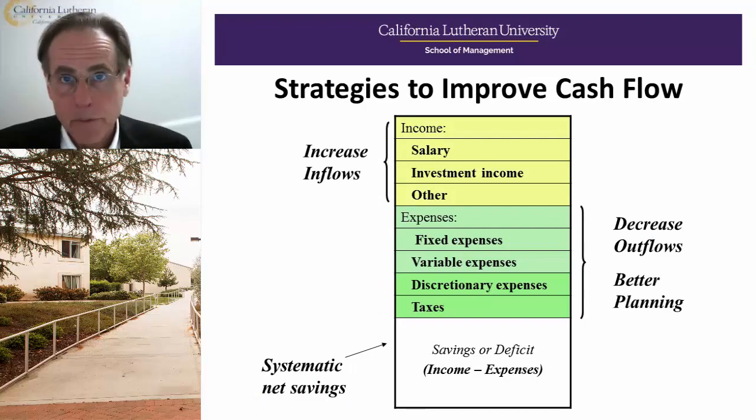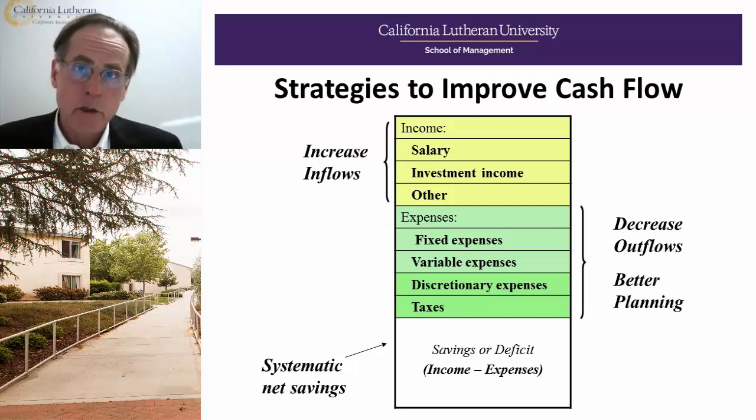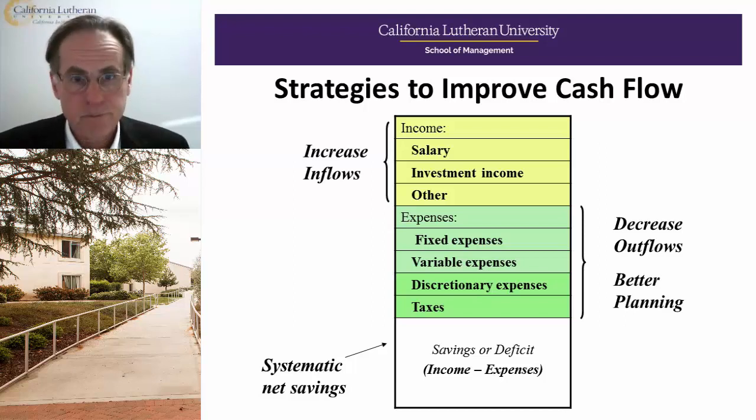From a macro perspective, the strategy to improve cash flow is relatively simple. We could say if we can increase the cash inflows, decrease the cash outflows, that will drop more dollars that can be systematically used for improving the current plan or for adding to savings.